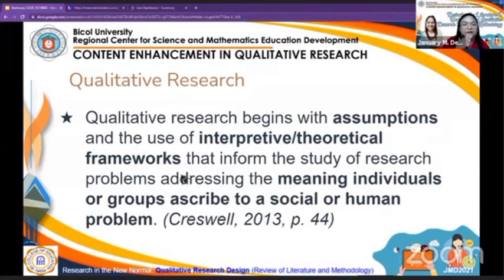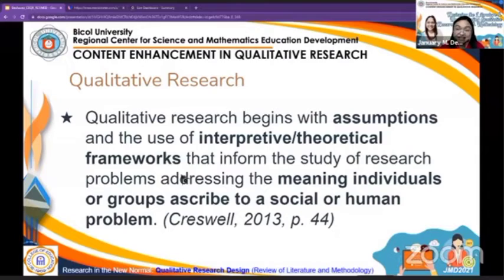Remember that qualitative research, as mentioned by Creswell, begins with assumptions and the use of interpretive or theoretical frameworks that inform the study of research problems addressing the meaning individuals or groups ascribe to a social or human problem. So qualitative researchers, if you're going to study a problem that exists in an individual or a certain group, need to use an emerging qualitative approach to inquiry.